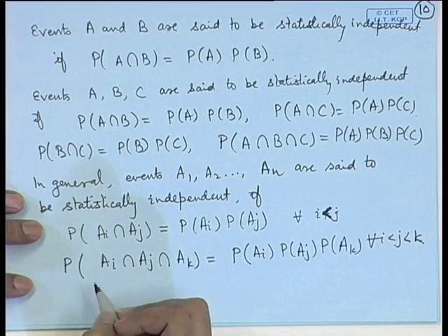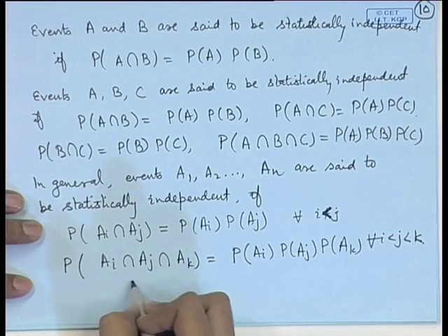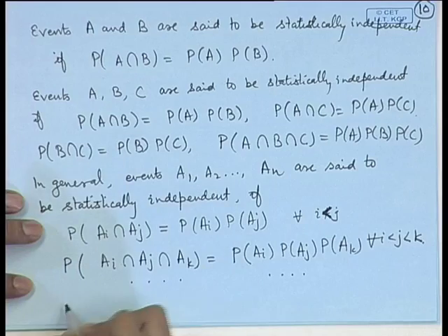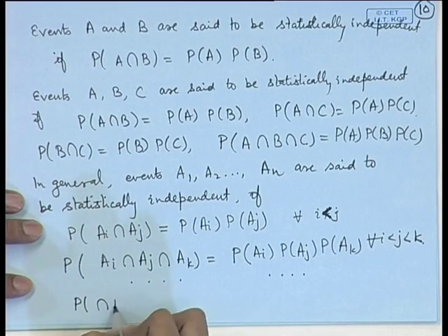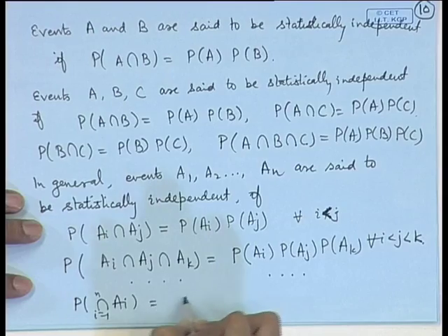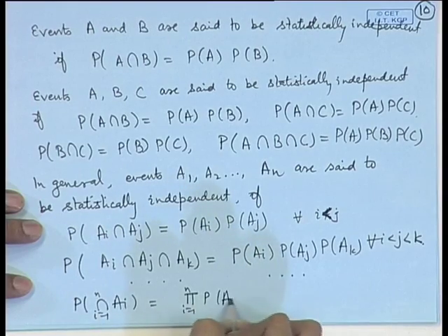We may also consider 4 at a time and so on. Finally, probability of intersection of A_i, i equal to 1 to n, is equal to the product of the probabilities of A_i.